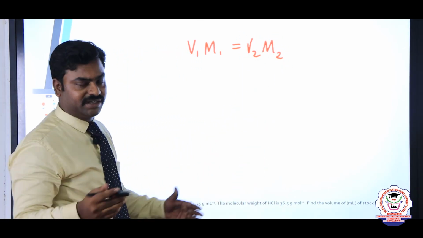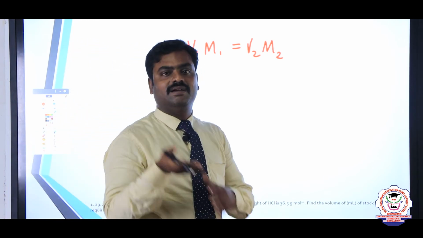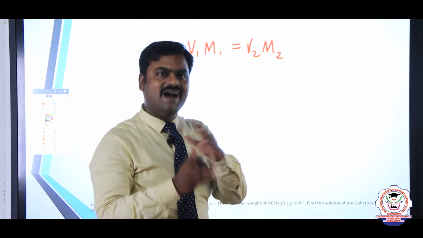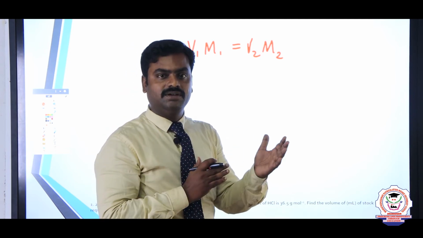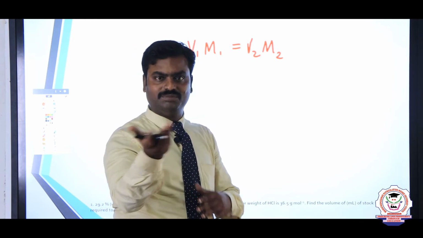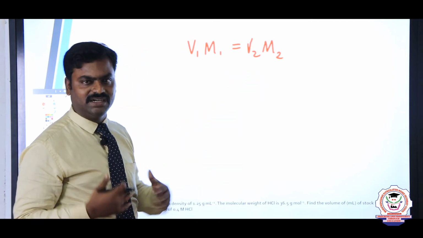So what is V1 and M1? That is the volume of the given solution and the molarity of the given solution, and V2 and M2 are for the second solution after dilution. So we can find out the volume required, whether V1 or V2, whatever we want, we can calculate.